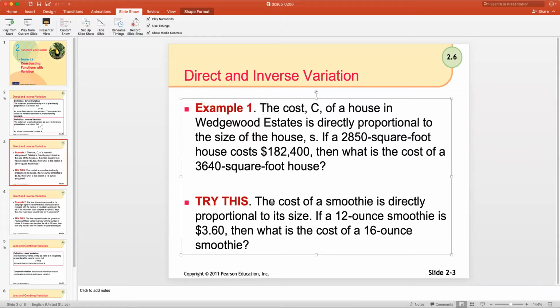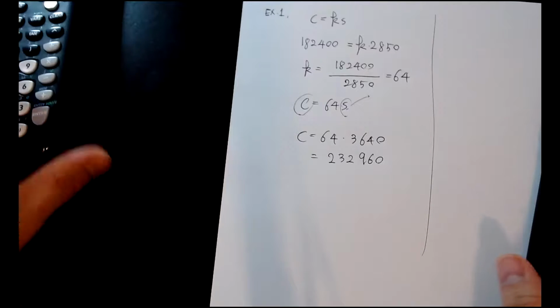If a 12-ounce smoothie is $3.60, then what is the cost of a 16-ounce smoothie? Okay, so definitely we're going to use direct variation, right? And to find k, we use that information: a 12-ounce smoothie is $3.60. Okay, right. So try these problems.